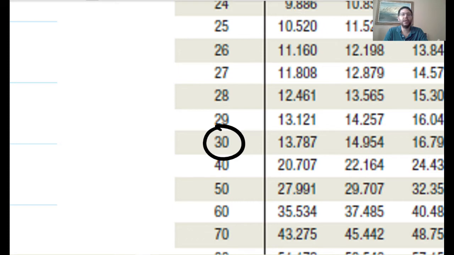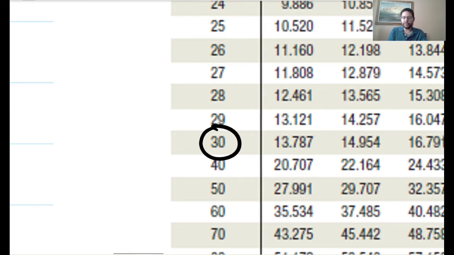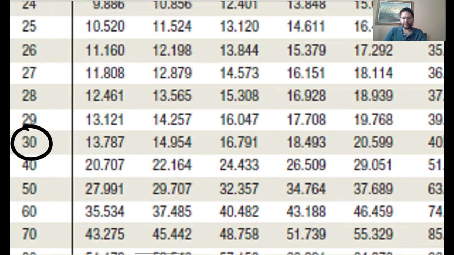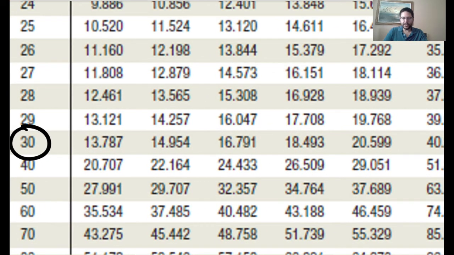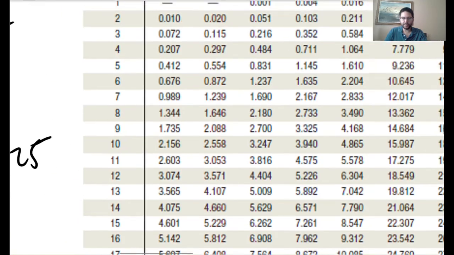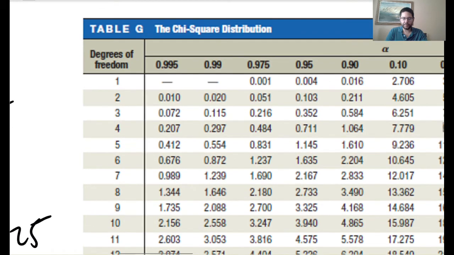It's better to be conservative with your estimate than it is to be liberal with it, as far as calculations are concerned. So the closest smaller one. Choose 30. I'll put a little asterisk by there because that's important. So in this case, we have 30, and then let's go up to the top row.